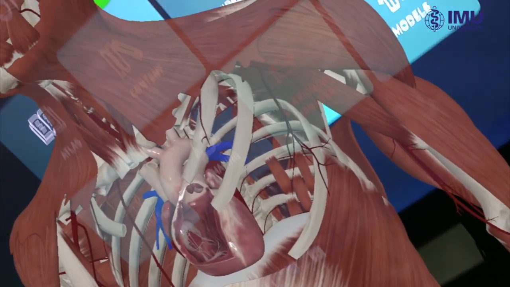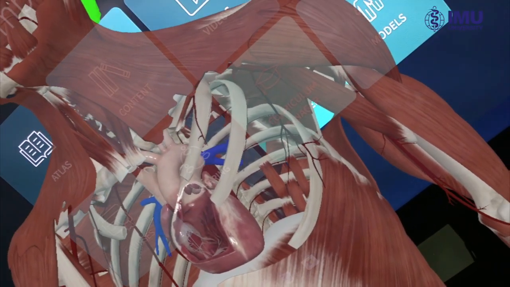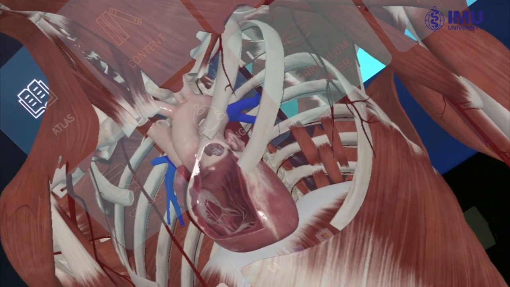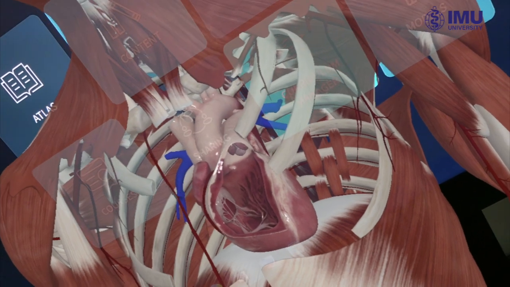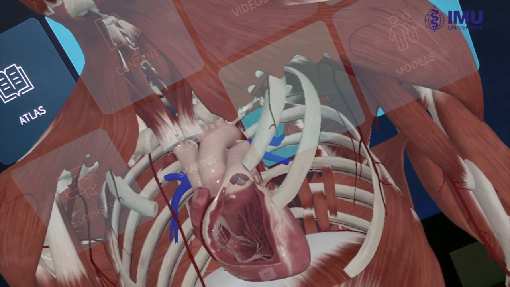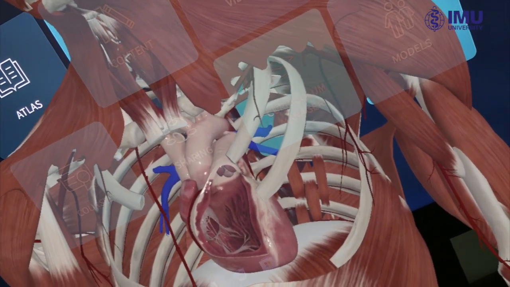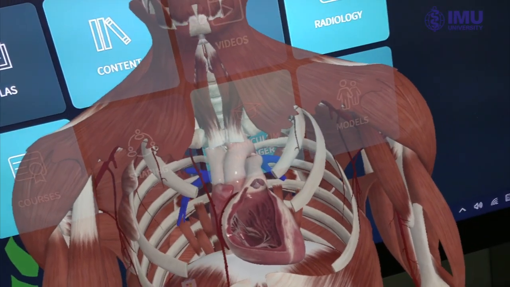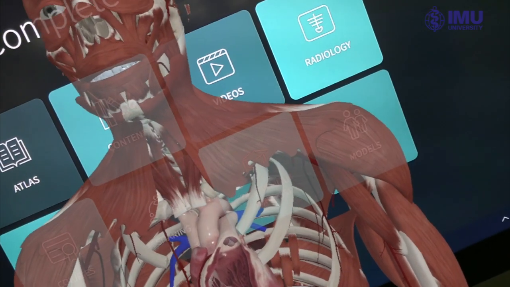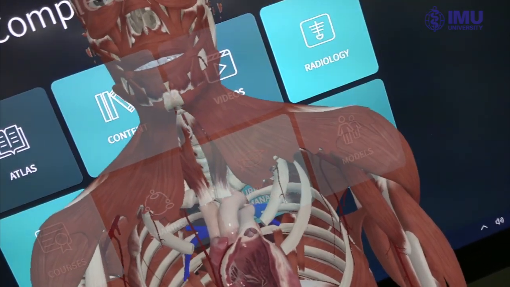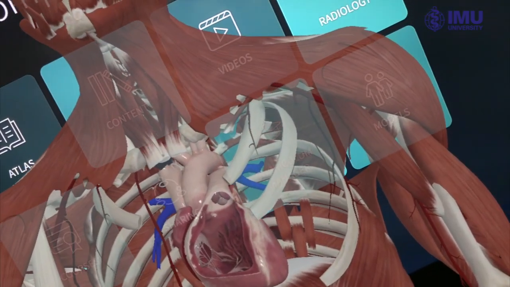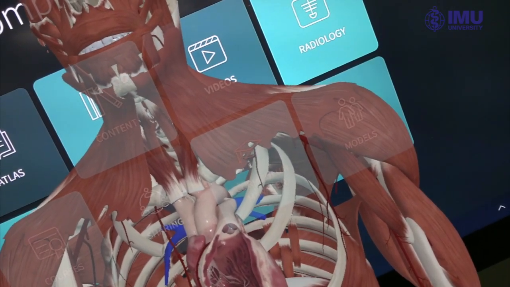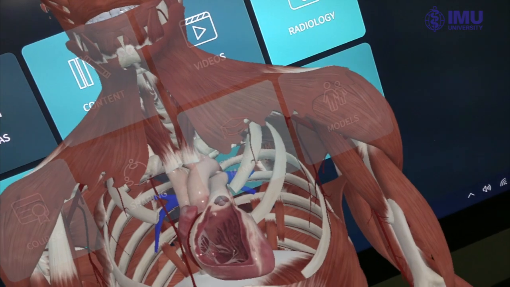You can see the three cusps of the tricuspid valve, the chordae tendineae, the papillary muscles, two papillary muscles, although the papillary muscle is shown somewhat whitish rather than reddish. You can see trabeculae carneae on the right ventricle, and you can see the pulmonary valve at the entry point of the pulmonary trunk.